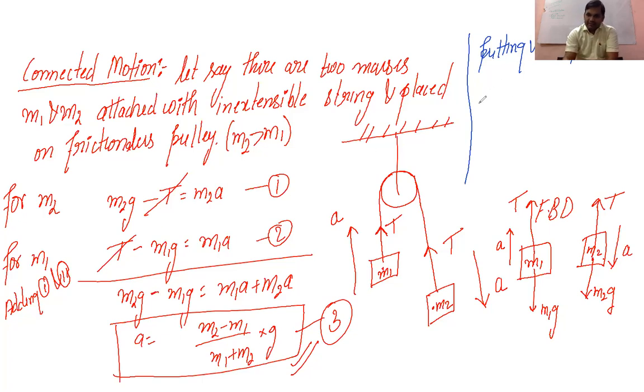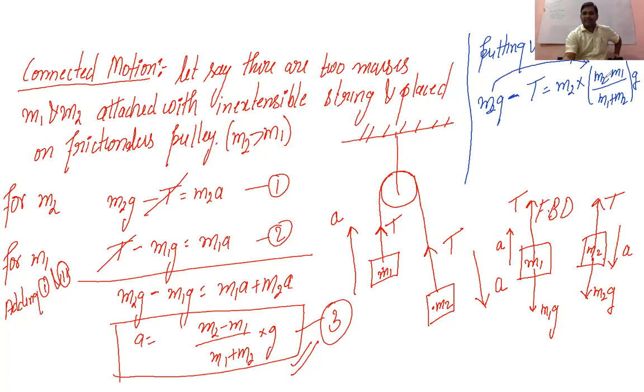So this will be your M2G minus T equals M2 into A, and the A is nothing but M2 minus M1 upon M1 plus M2 into G. We can solve it by transferring this to this side and keeping tension at this side only.